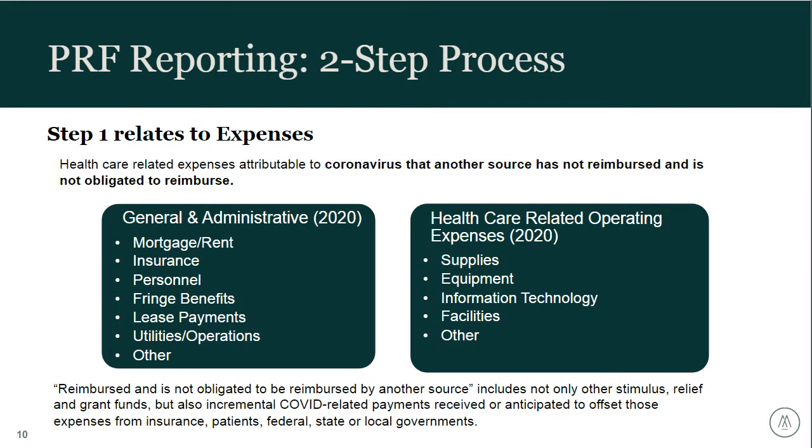The first question is: is this expense necessary and reasonable to support patient care efforts to prepare for, respond to, and prevent coronavirus? So terminology we've seen quite often, but think about it in that context: reasonable and necessary, related to patient care, and preparing for, preventing, and responding to coronavirus.